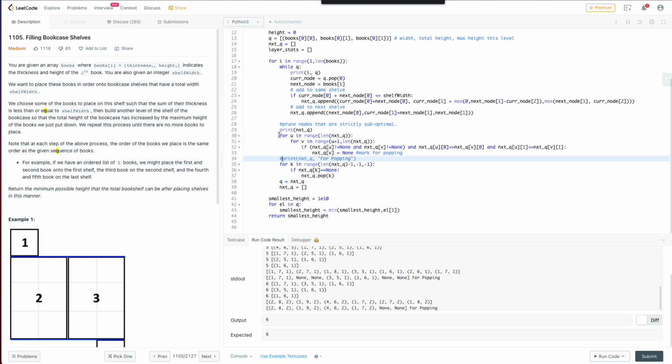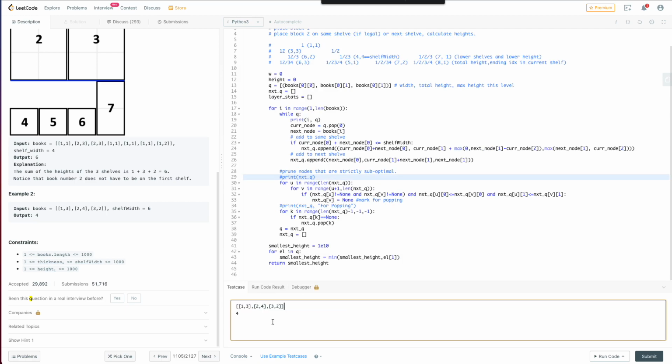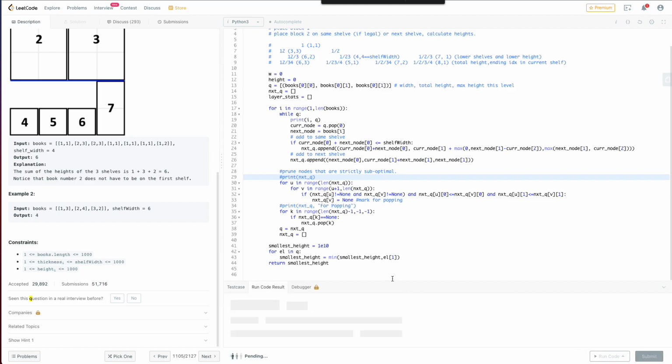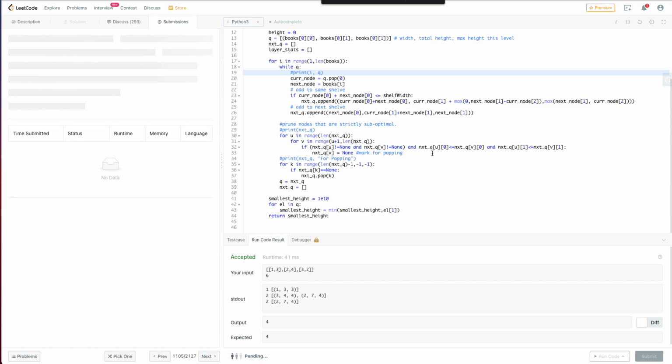And if I get rid of the print, will I get a correct answer here still? So let's try to submit.